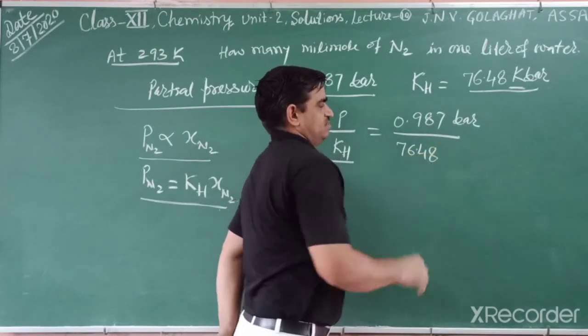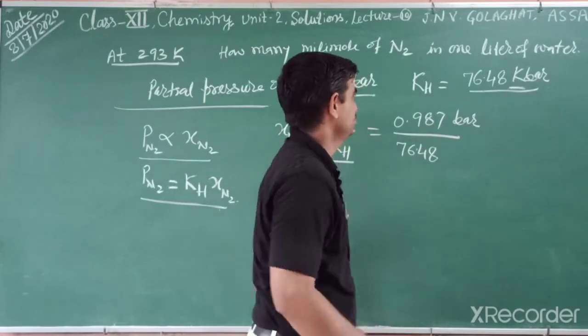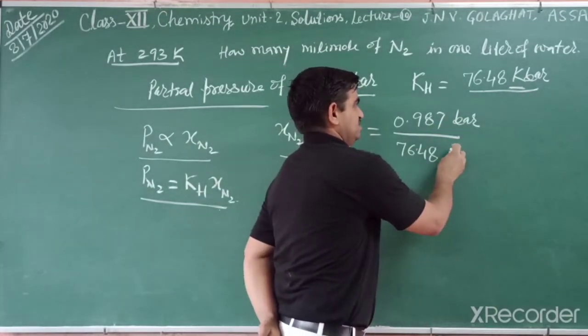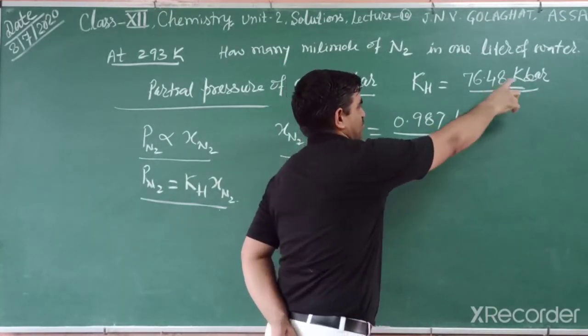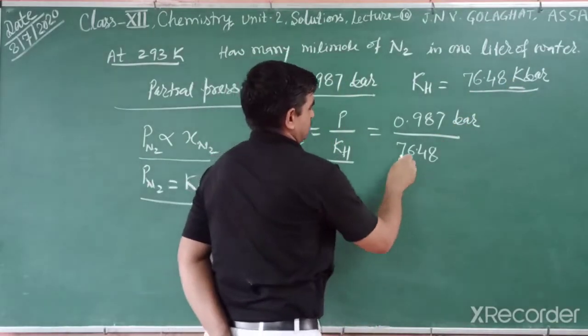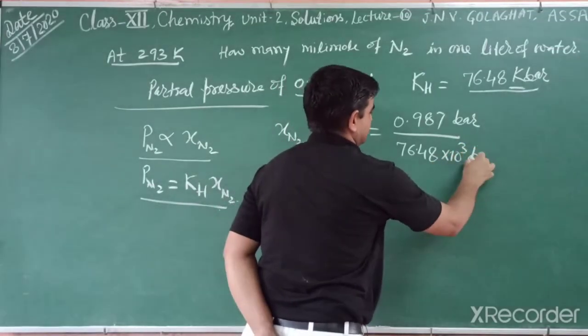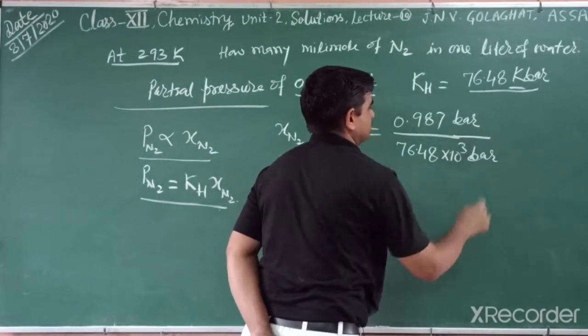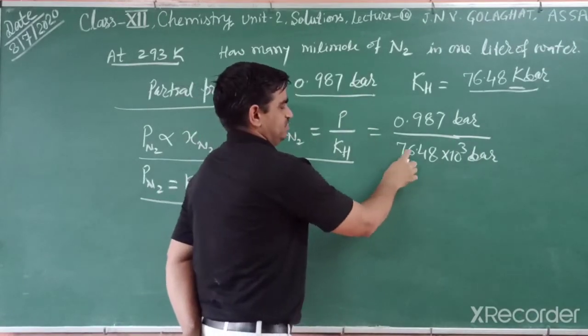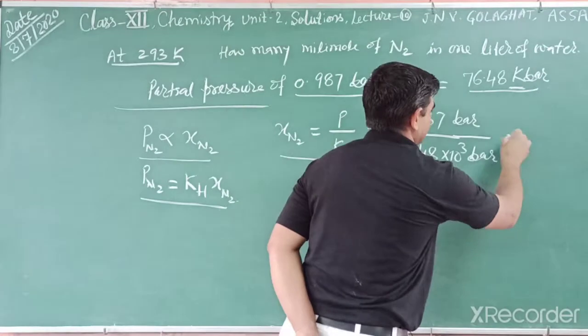The unit is bar, but this one is kilobar. So we write 76.48 into 10 to the power 3 bar, and by solving we get the value.